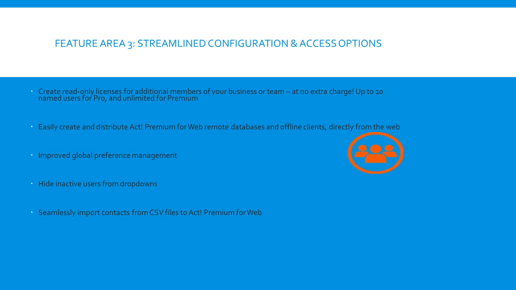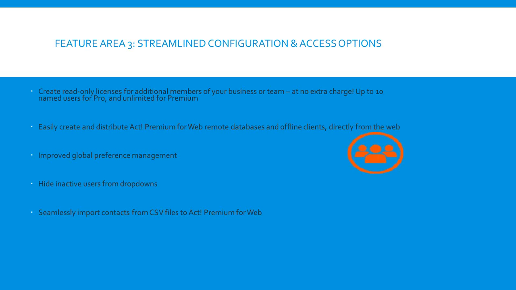Some updated features inside of ACT for Web is the ability to do an import, the ability to create a remote database, and the ability to customize fields from ACT for Web. So they're narrowing the gap between the ACT for Web product and the desktop product.